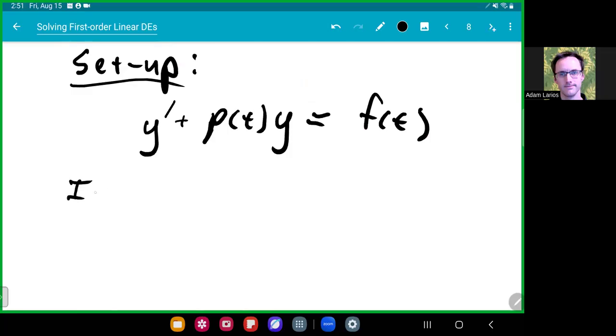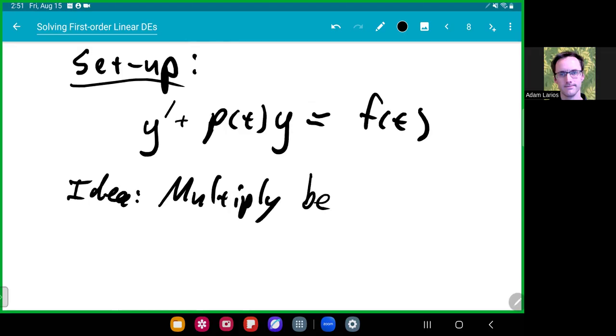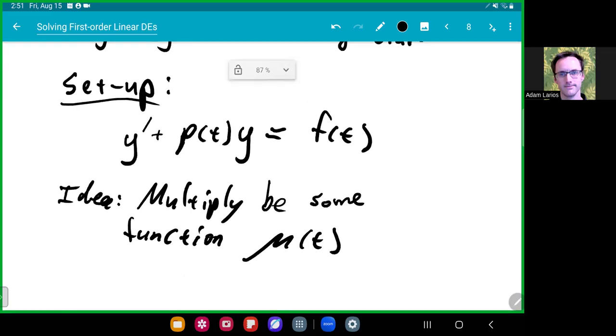So the idea is to multiply by some function, often written as the Greek letter mu of t, for multiplier, to be determined. So we don't know what this function is going to be.